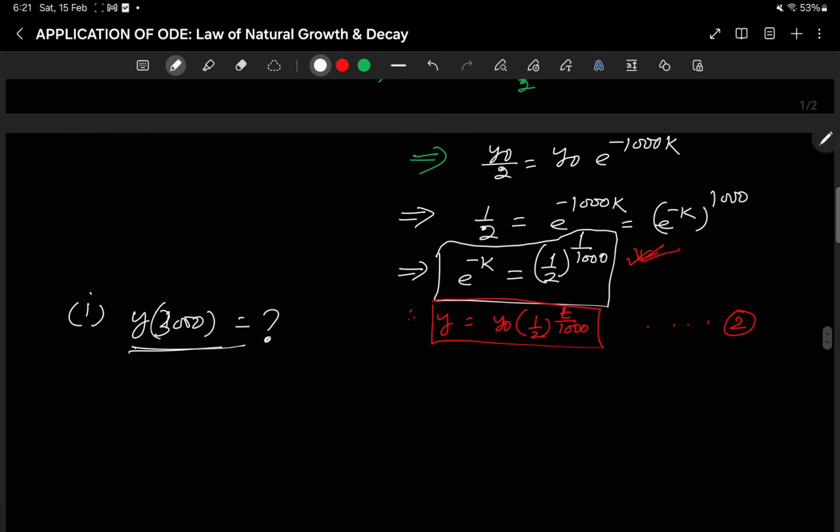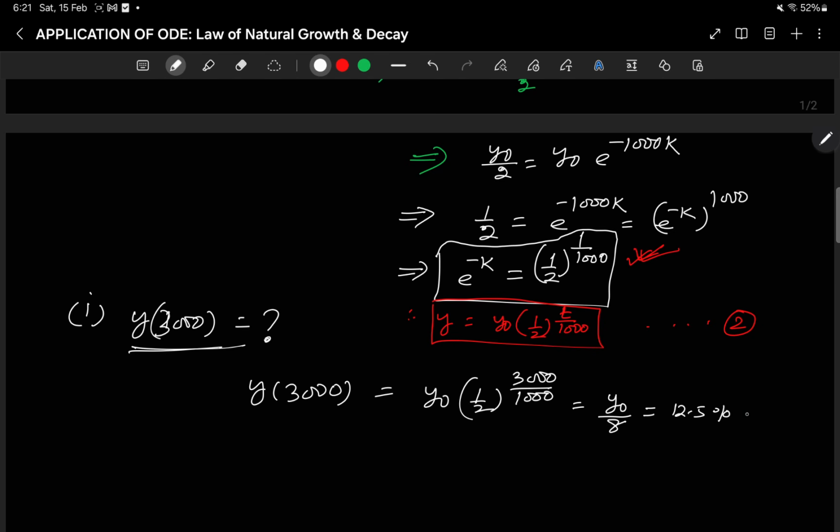Now I use this. So y of 3000, meaning t is 3000, is equal to y0 into half to the power 3000 by 1000. So this is equal to y0 divided by 8. Okay, so that means 12.5% of y0.